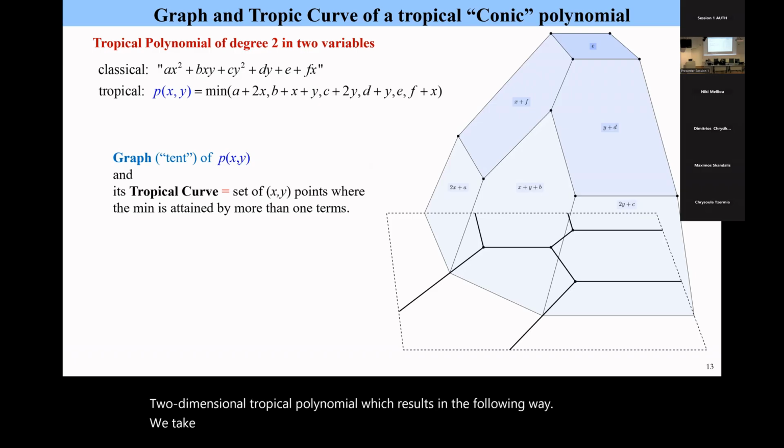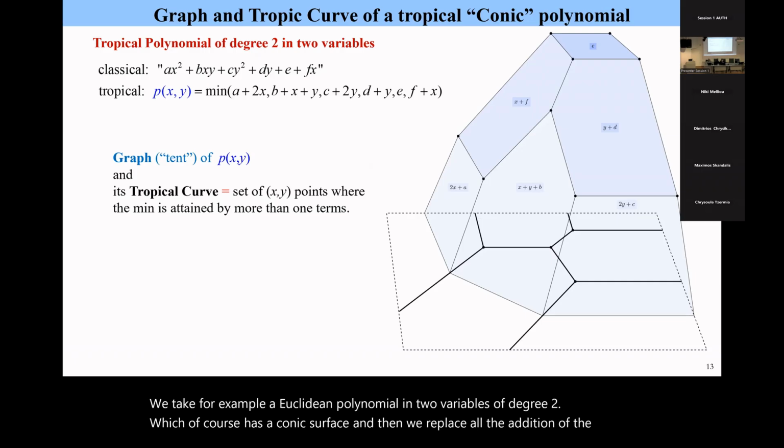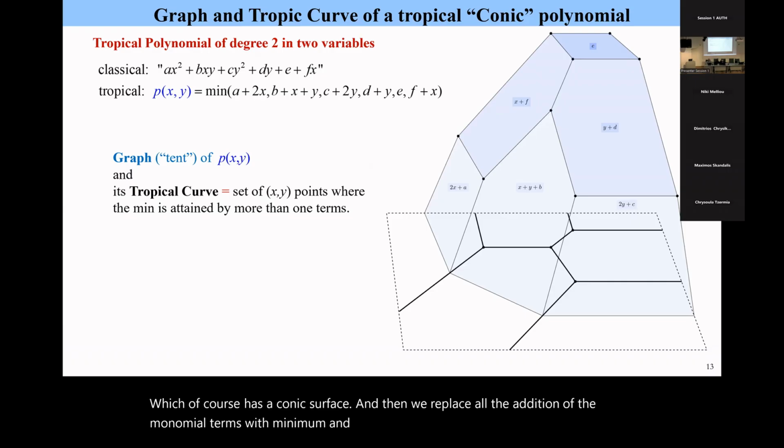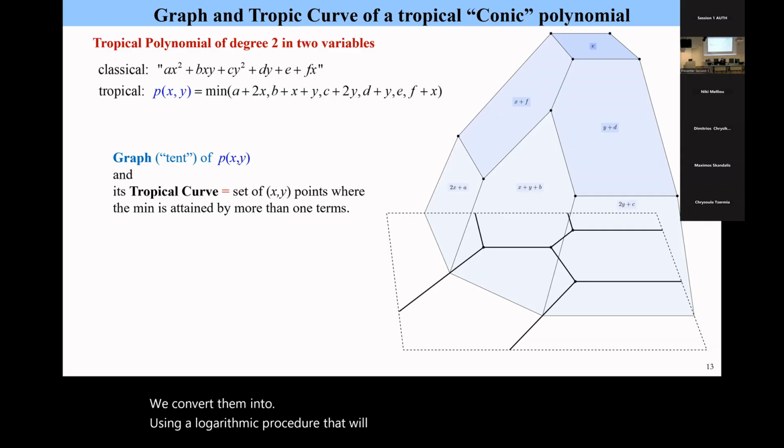We take, for example, a Euclidean polynomial in 2 variables of degree 2, which of course has a conic surface, and then we replace all the addition of the monomial terms with minimum, and all the multiplications we convert, using a logarithmic procedure that I will explain within a few slides from now, into the multiplication of the variables with some coefficients that result from the power.